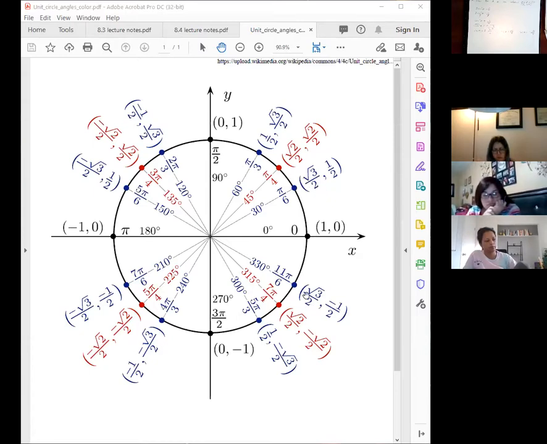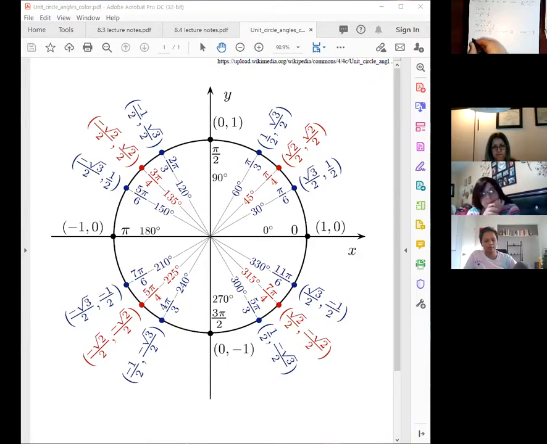Now the negative one is one over here, and another one over here, right? So we can write those down real quick.